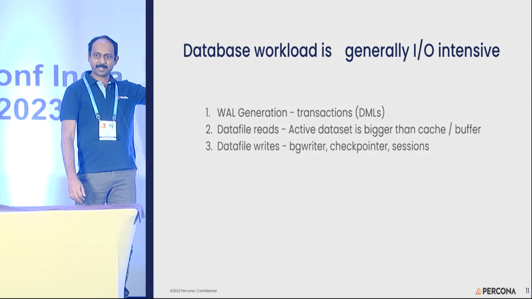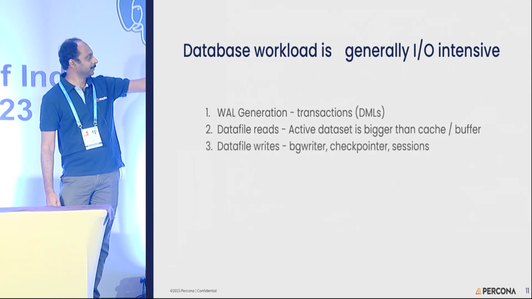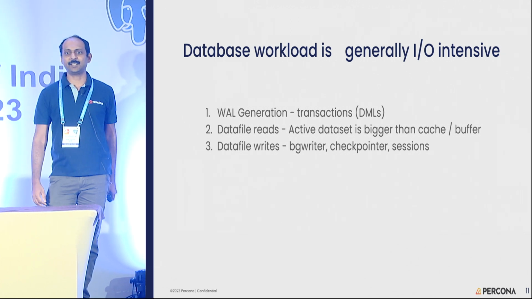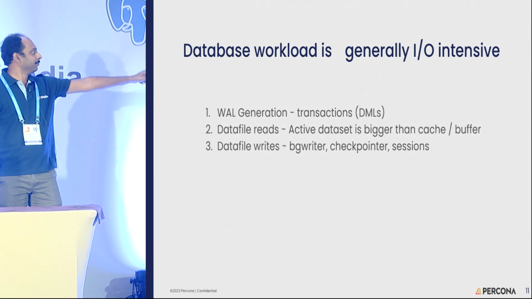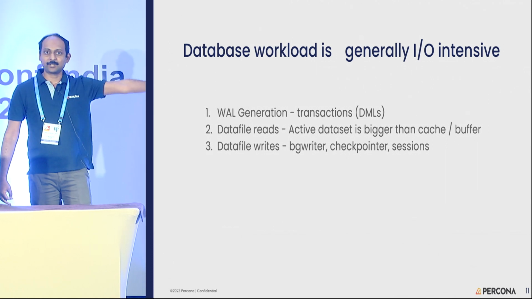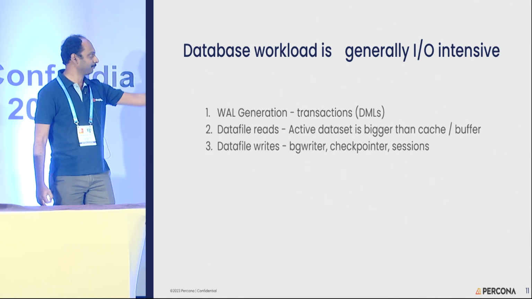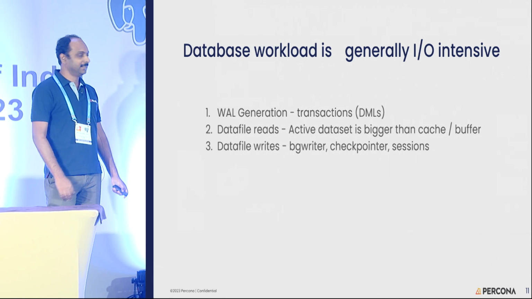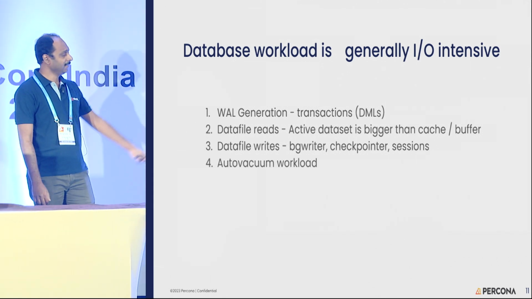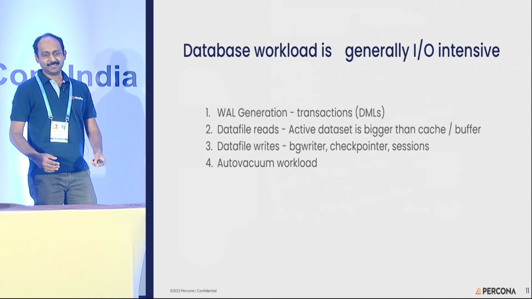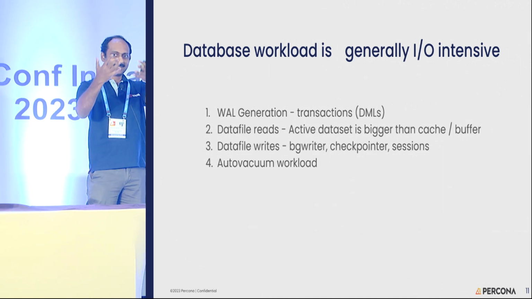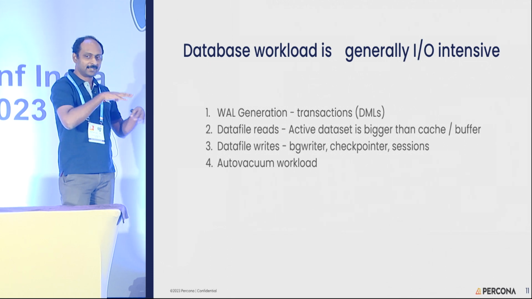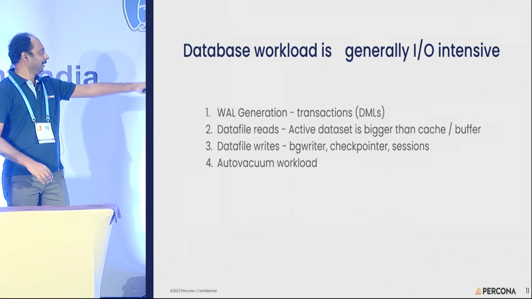Then data file writes, of course, and in Postgres, three things do that: the BG writer, the checkpointer, and each of the sessions also cleans dirty pages. And the autovacuum workload. Postgres needs to bring the content back into memory, clean it up, and write it back. So again I/O.